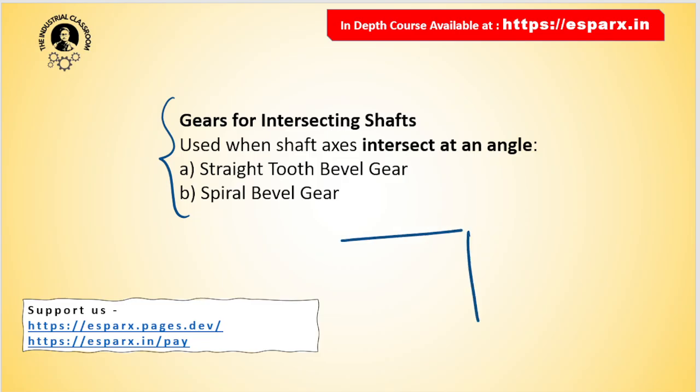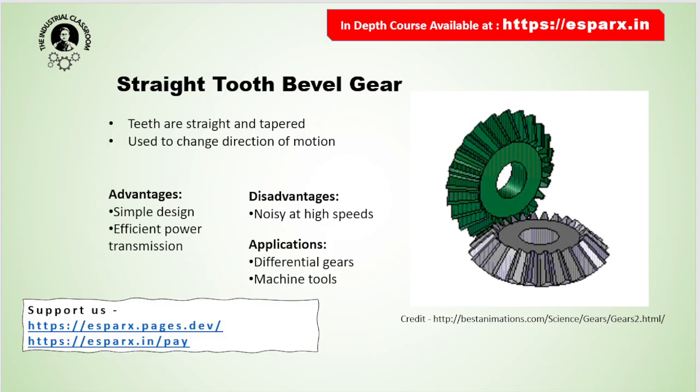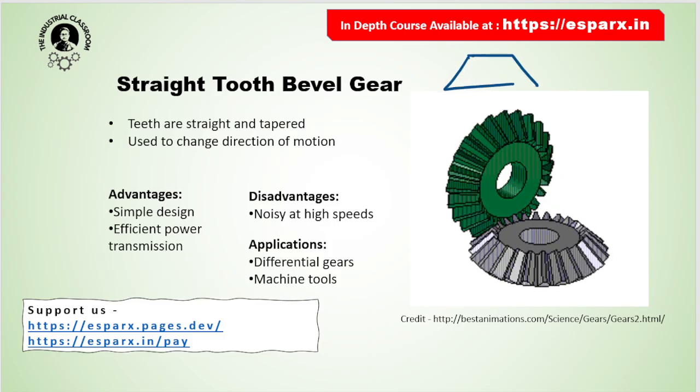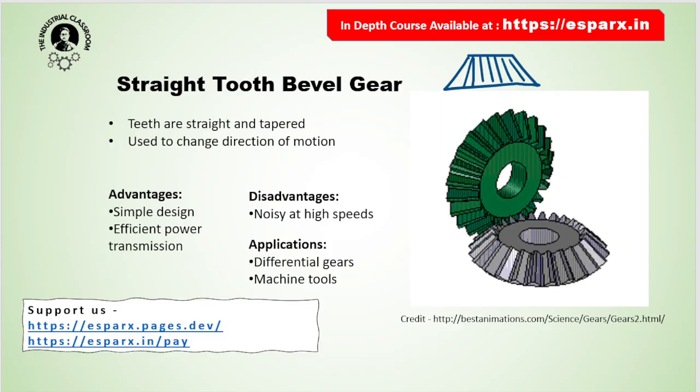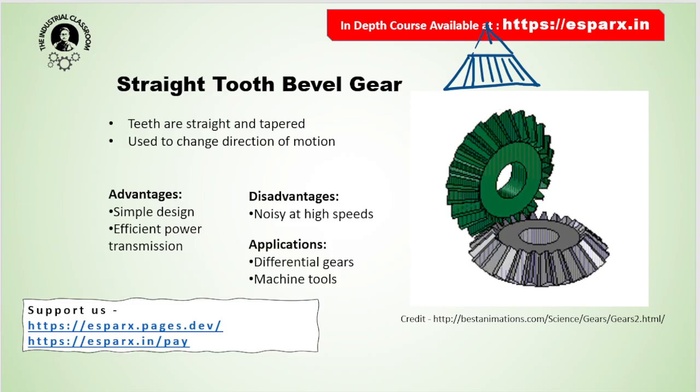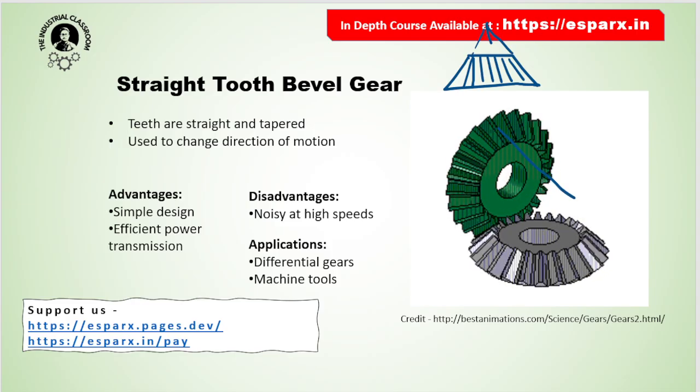We know this is shaft 1, this is shaft 2. First is the straight toothed bevel gear. See, how does this image look from the front side or the top side? These are all straight, all pointing towards a single point. Let me draw it with a different color.